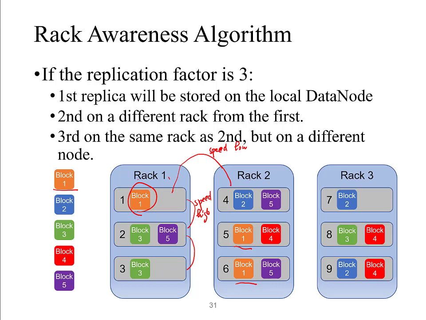You can see the same pattern for block 2, for example, here and here. For block 3, we have the first one here, and the second and third here, and likewise for blocks 4 and 5.